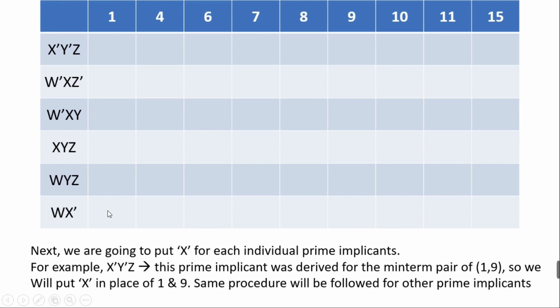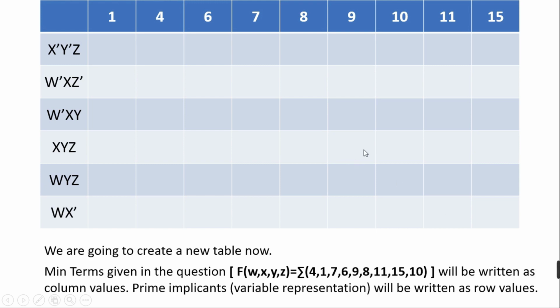For example, consider the first prime implicant over there, x prime, y prime, z. This prime implicant was derived for the min term pair of 1 and 9. Let me move back a few steps.